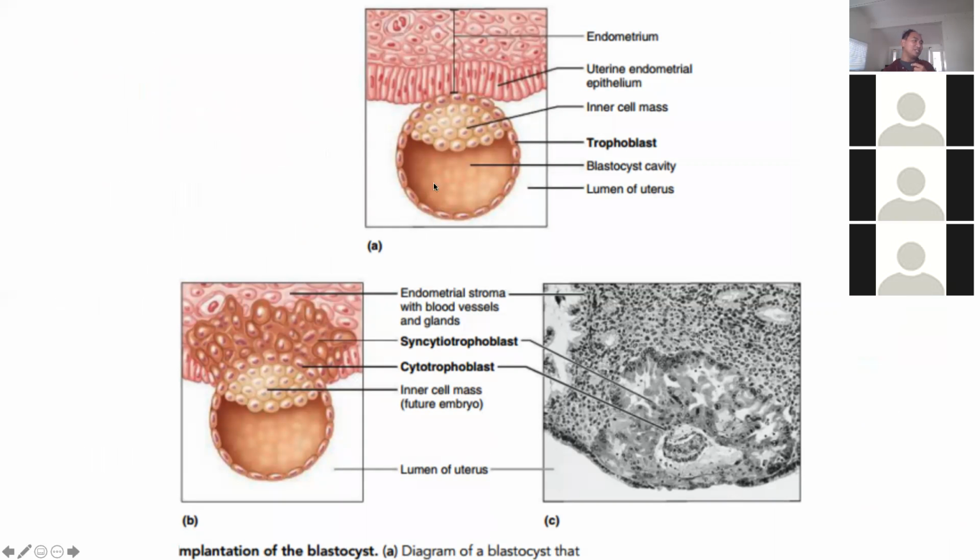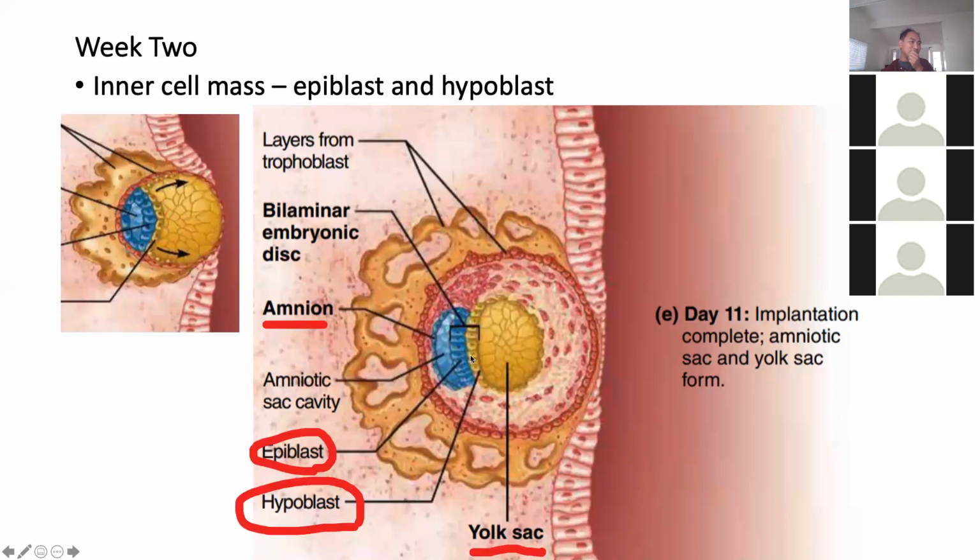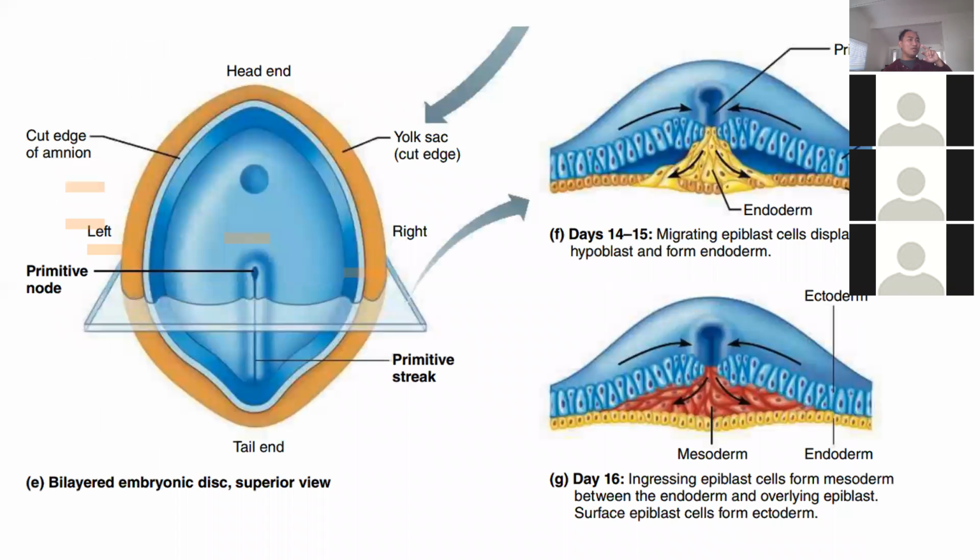And finally, it will attach to the uterine endometrium and gradually invade into it, and the cells inside split into 2 initially, one blue and one gold cell layer. At 2 weeks after the conception, we have 2 layers, and gradually these 2 layers will change into how many layers?